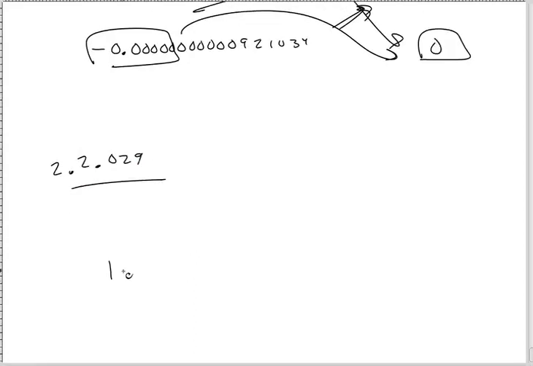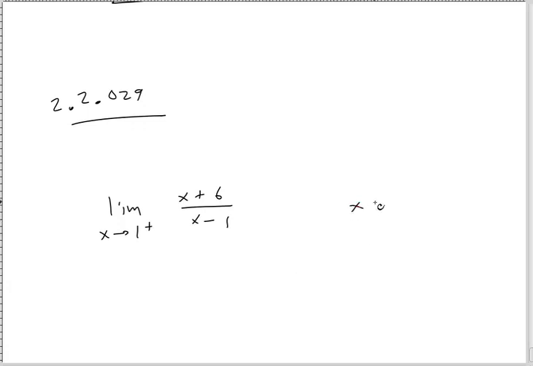Next, I've got the limit as x goes to 1 on the right side of x plus 6 over x minus 1. Again, I'm just going to use something on the right side of 1. Notice on my number line there's a 0 and a 1. 1 is my important number, and I want to be on the right side of it.